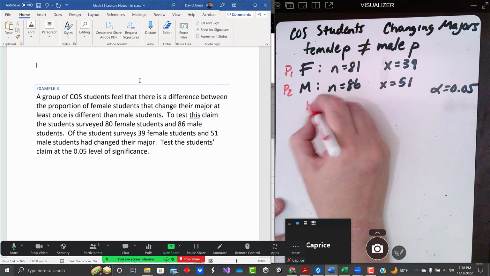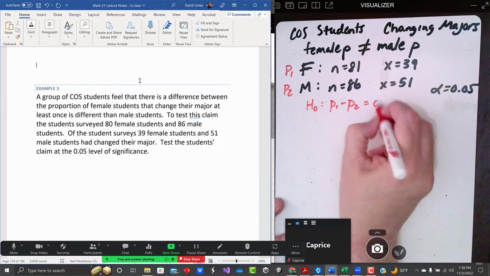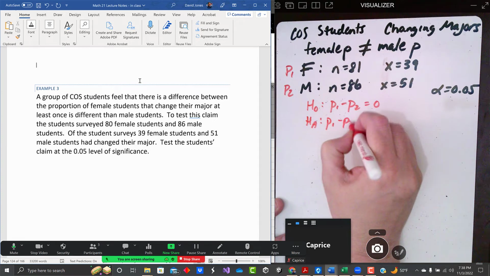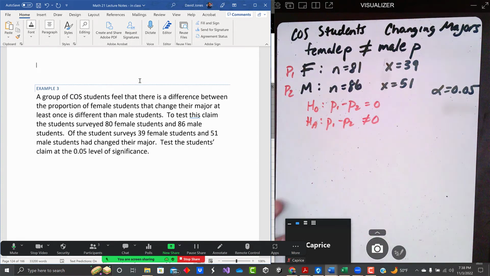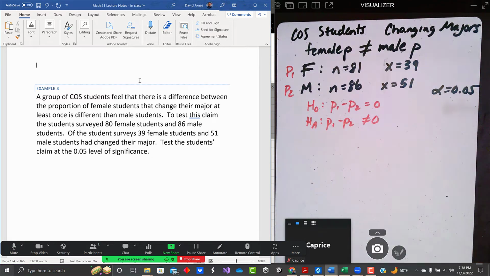So I'm going to do P1 minus P2 equals 0, and P1 minus P2 does not equal 0. Okay. Let's go to StatCrunch.